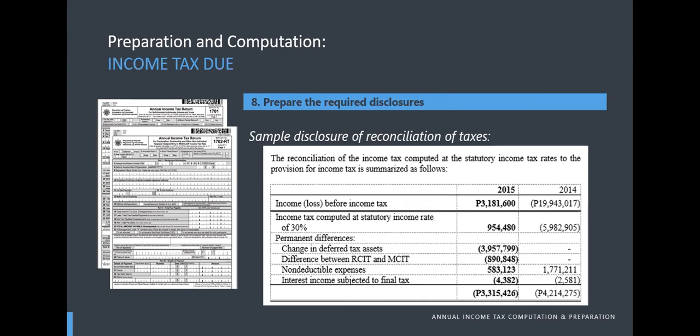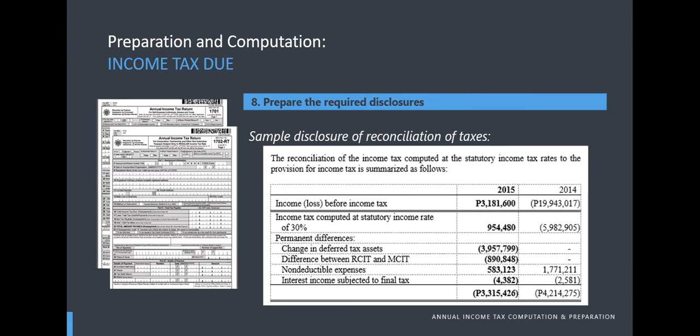Then, permanent differences accounted for. So, there is a mistake here in the sample, because change in deferred tax asset are temporary and difference between RCIT and MCIT are also temporary.